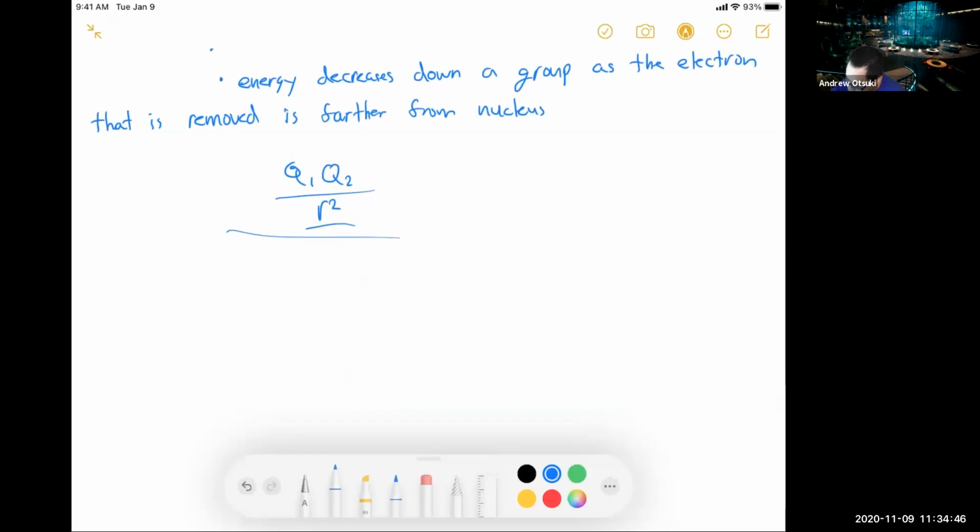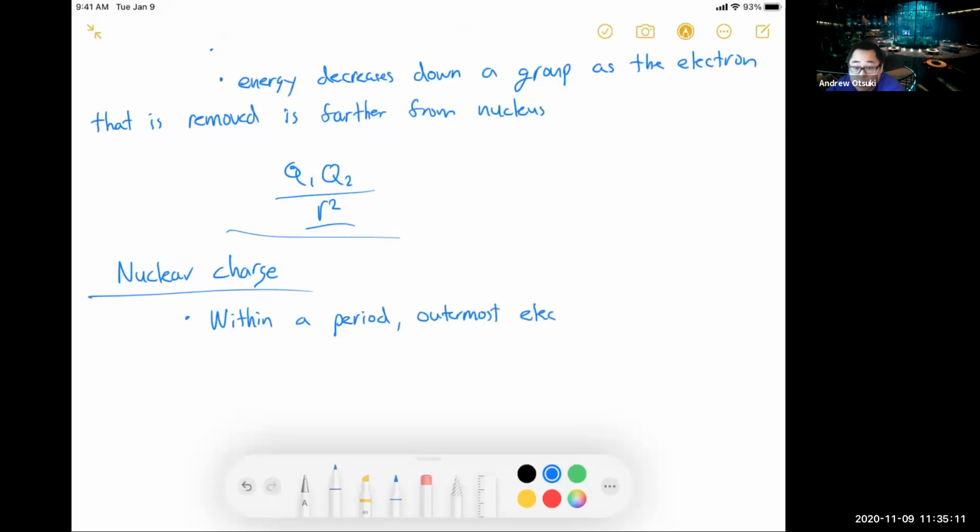The next one is nuclear charge. So now we have nuclear charge. Again, the nuclear charge plays a role too. So within a period, outermost electrons are in the same principal energy level.